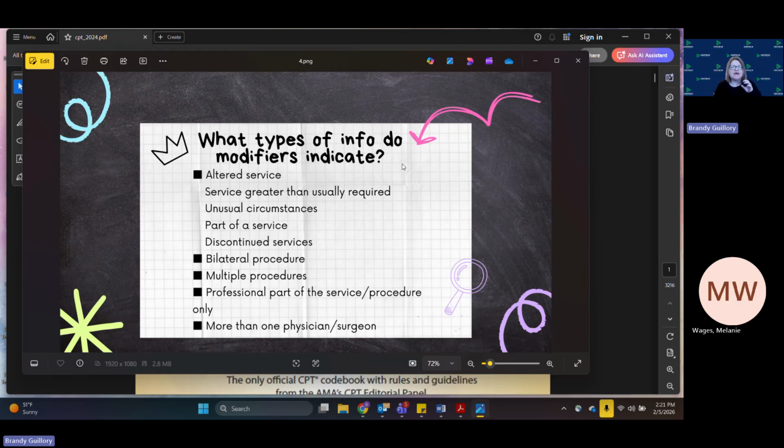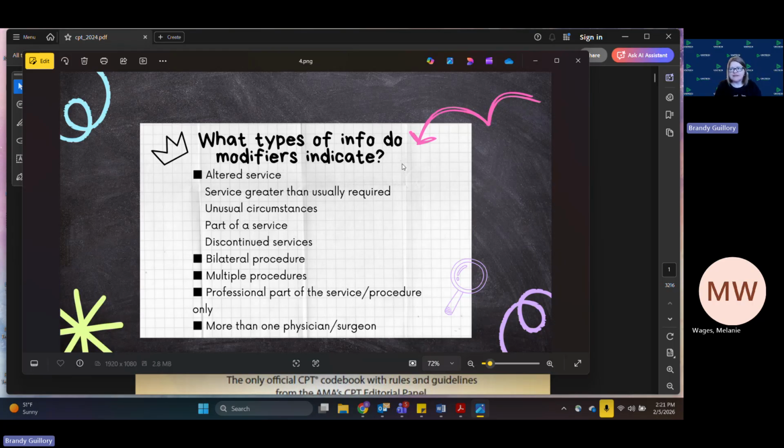If the patient went in for a certain procedure and something happened mid-procedure and they had to change it, they may need a modifier to indicate that the service was changed. Service greater than usually required, unusual circumstances, part of a service, or discontinued services. That's all altered from the original procedure.